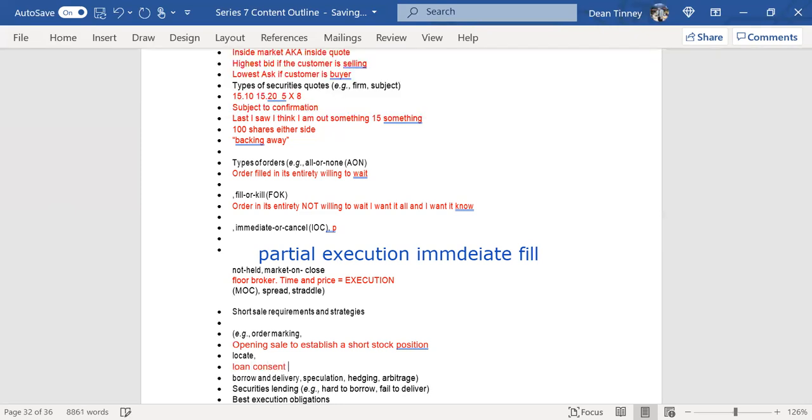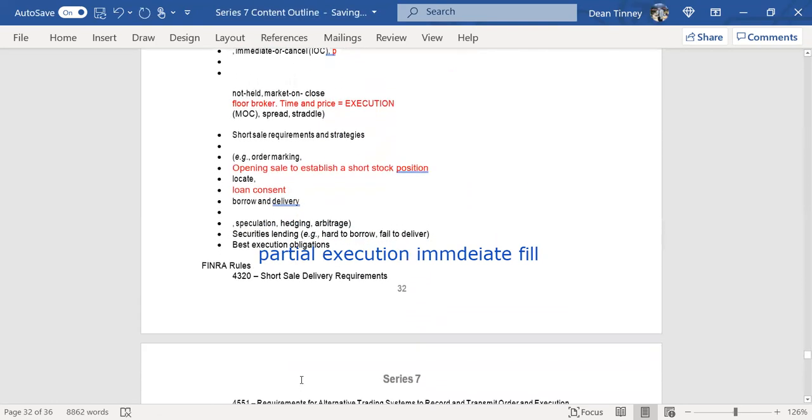We're getting the borrowed stock from customers of the broker-dealer who have signed the loan consent form at the broker-dealer I do business with. Or if we don't have a customer at our firm who has signed that loan consent form, we can get it from stock loan at some other broker-dealer. So we're going to borrow the security and deliver on T+2, and we're going to get the cash for doing so, right?